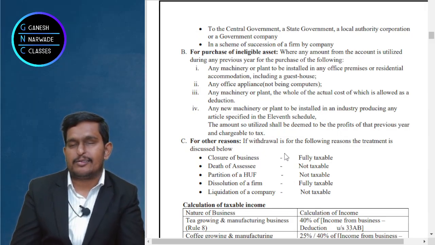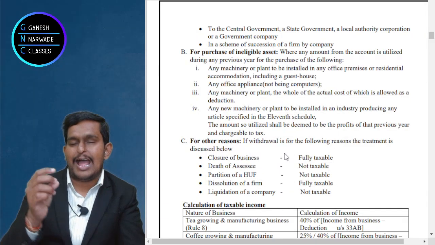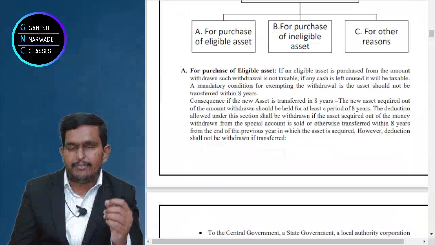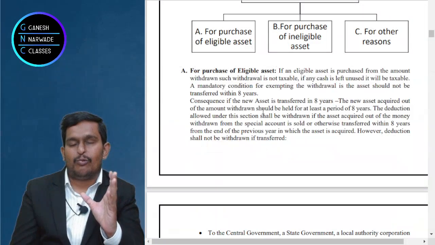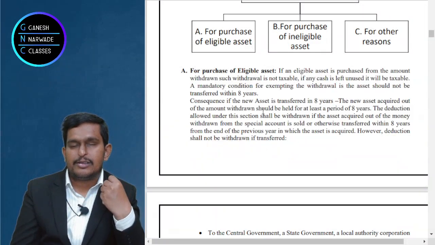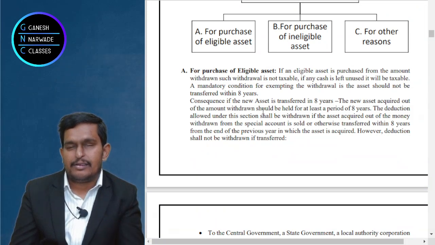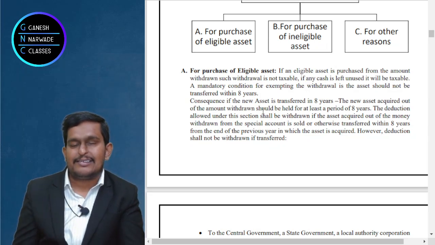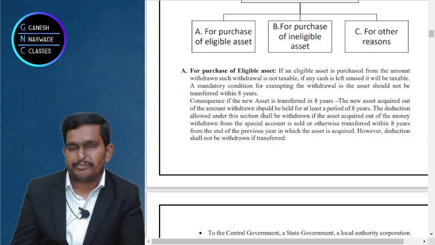Now come to the next story. Sir, can we purchase an eligible asset? The answer is absolutely yes. If you purchase an eligible asset, that is as per the scheme, then whatever money you withdraw for the purpose will not at all be taxed. Of course, if unutilized cash is there, that is taxed.